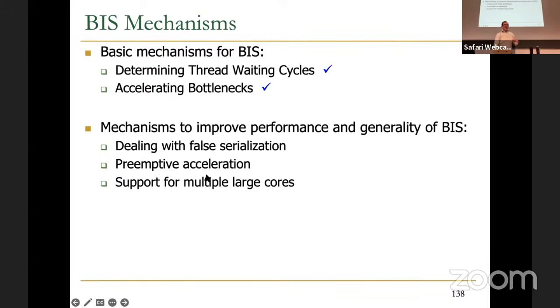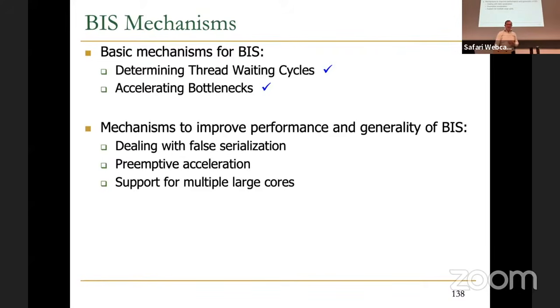There's preemptive acceleration that's important especially for barriers, but I'm not going to talk about that. Barriers need to be more preemptively accelerated. Critical sections, depending on the history, you can accelerate them later. But barriers, while the barrier is executing, bottleneck wait cycles are accumulated. And there's a thread that you need to determine that's the latest, right? So you need to preemptively get there.